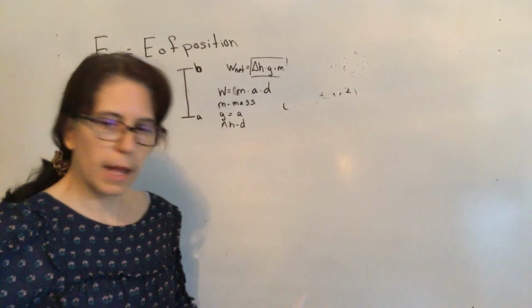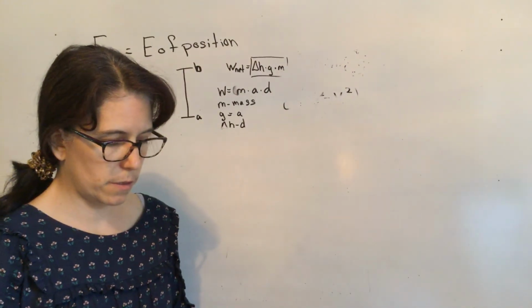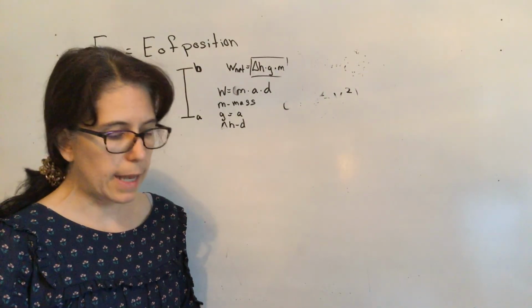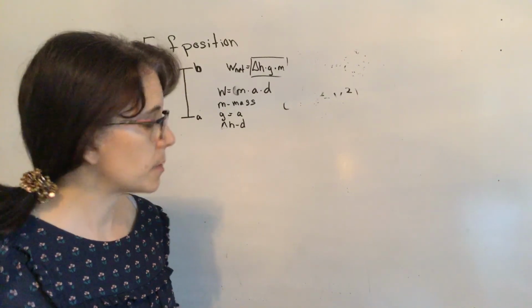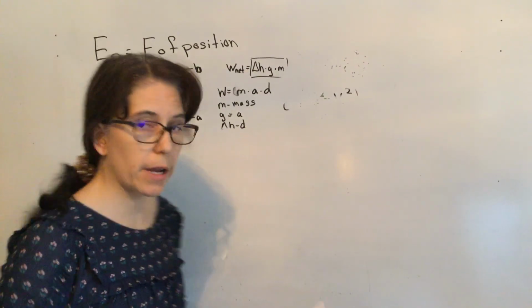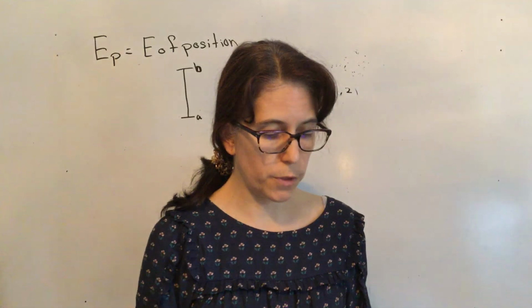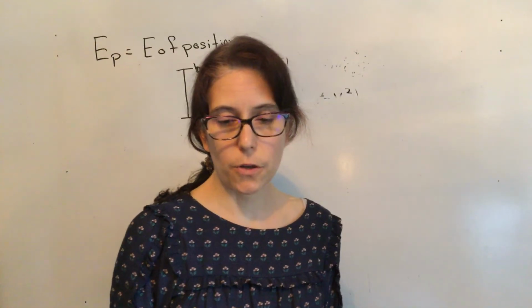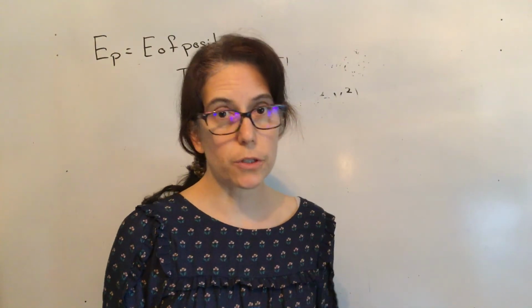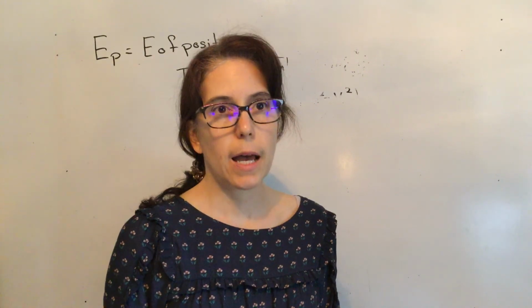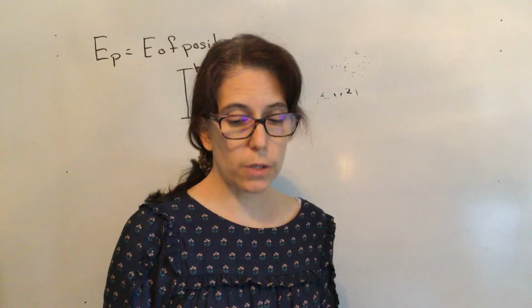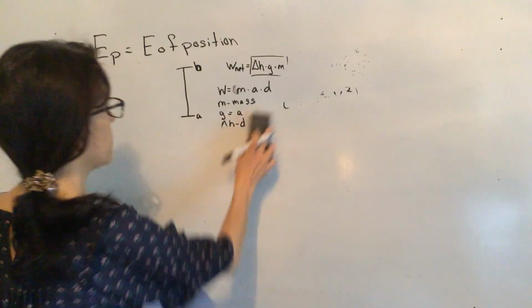All right, the last thing I want to go over is the next section in your textbook, which talks about types of forces. It describes a conservative force, and it's going to give you some examples of conservative and non-conservative forces. I want to help you visualize that, and here's what I do.